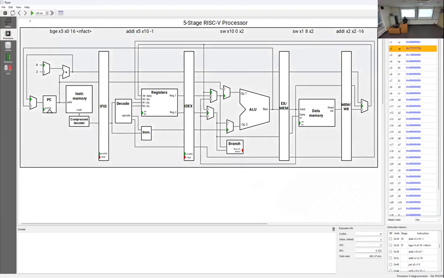In the next cycle, the branch is in the ID stage, can you see the control here? But the next instruction, PC plus 4, is fetched.